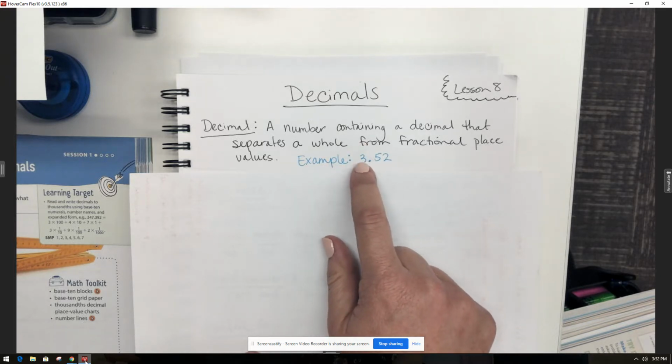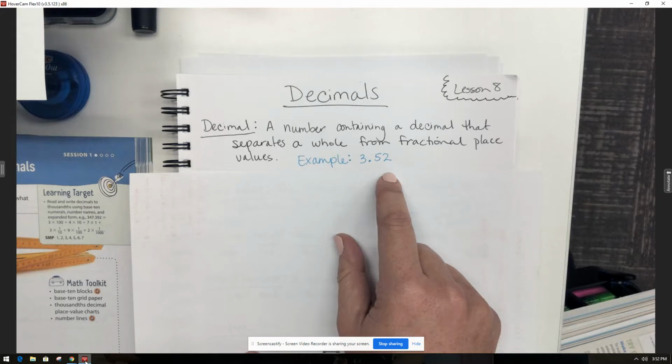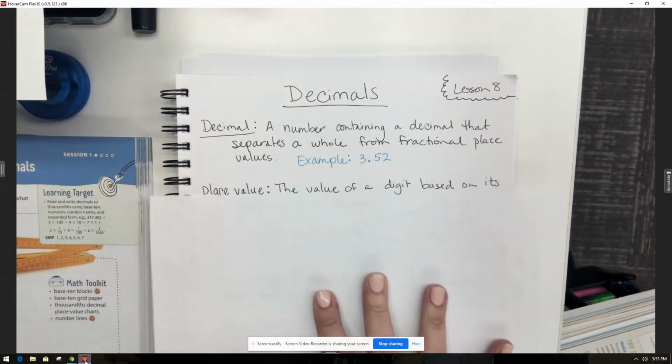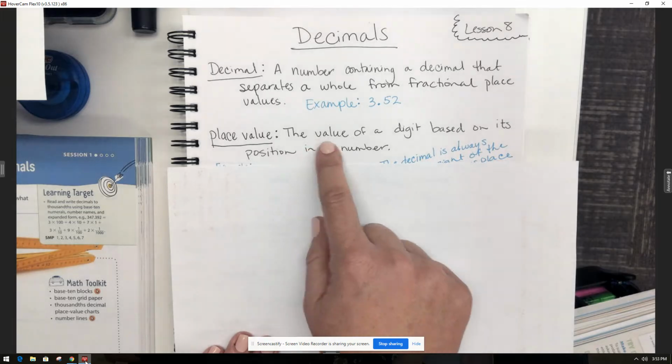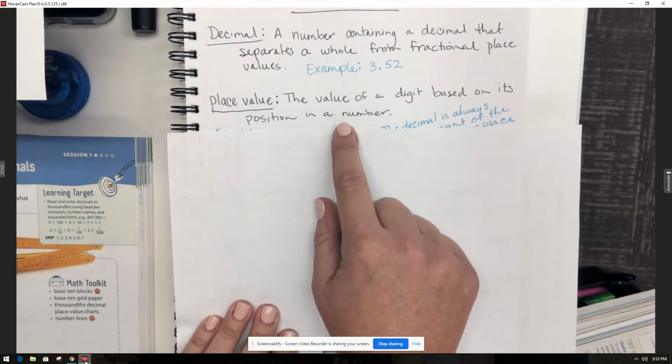This little dot in the middle of the decimal is called a decimal point. So when you have a group of numbers that has a decimal point in the middle, that makes it a decimal. Place value. Place value is the value of a digit based on its position in a number.